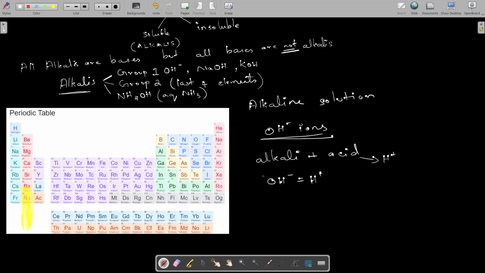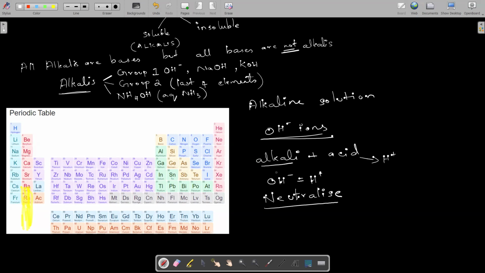Or in other words, the hydroxide ions will neutralize. Now that's a new word which is important in this chapter. So it will neutralize the acid's excess hydrogen ions.